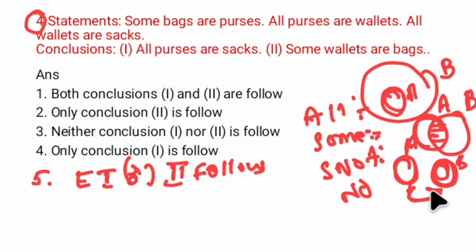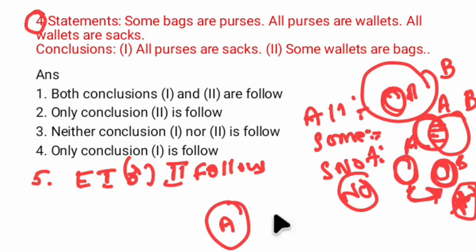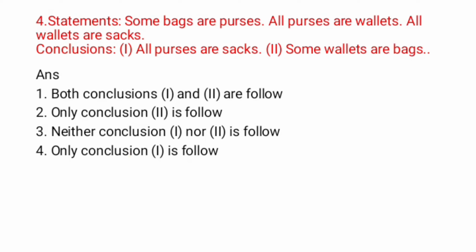If it goes, that statement would be wrong. And for no, there must be no connection between A and B whatsoever. So based on this concept, we can solve this question.